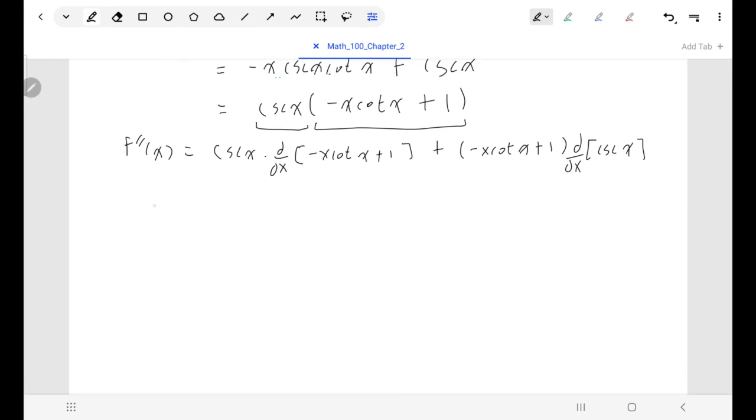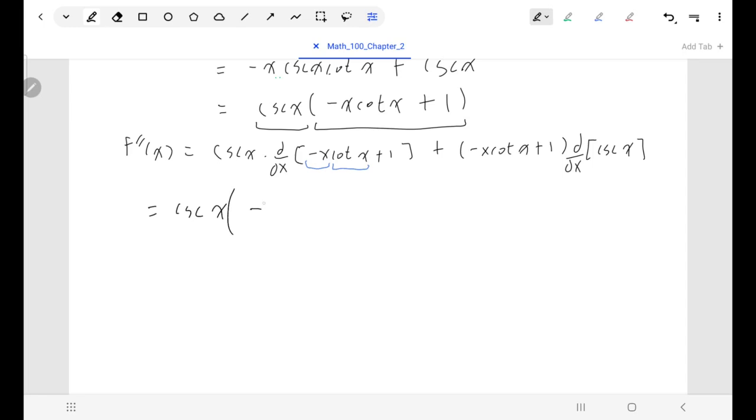So let's start with the first part here. As I said, I note that I've got another product rule going along here. I've got this minus x times cotangent of x. So let's do what we need to do and take our derivative with product rule.